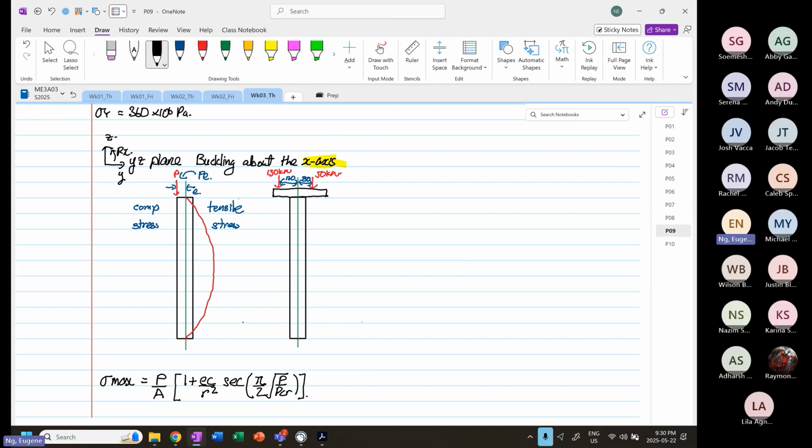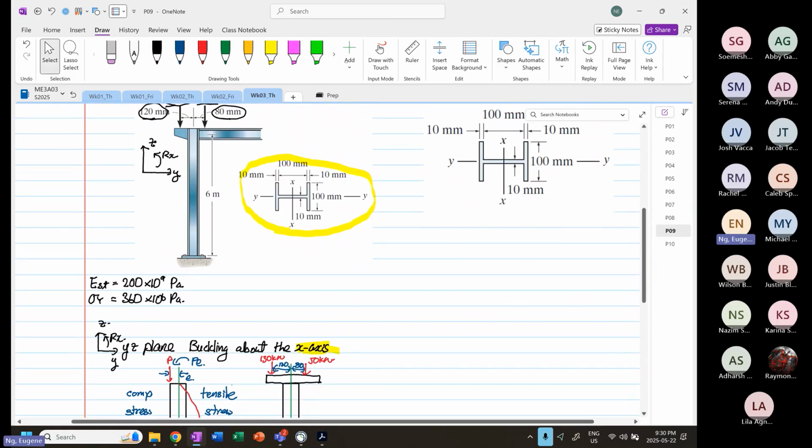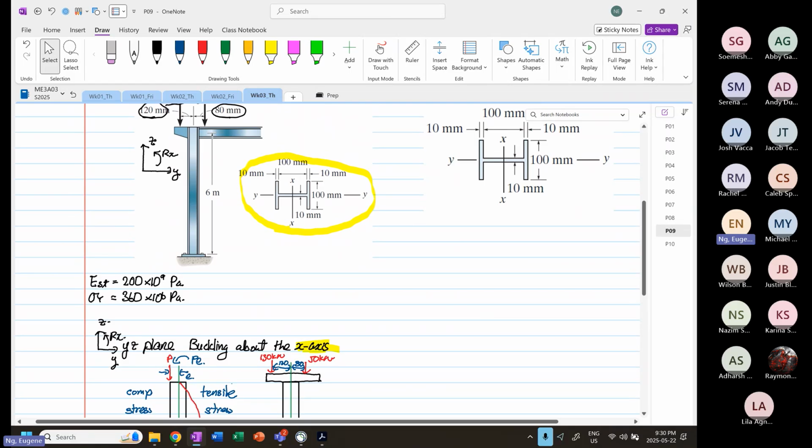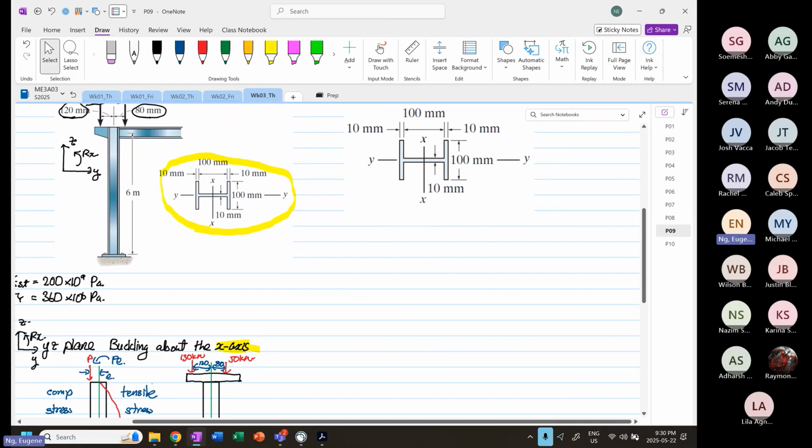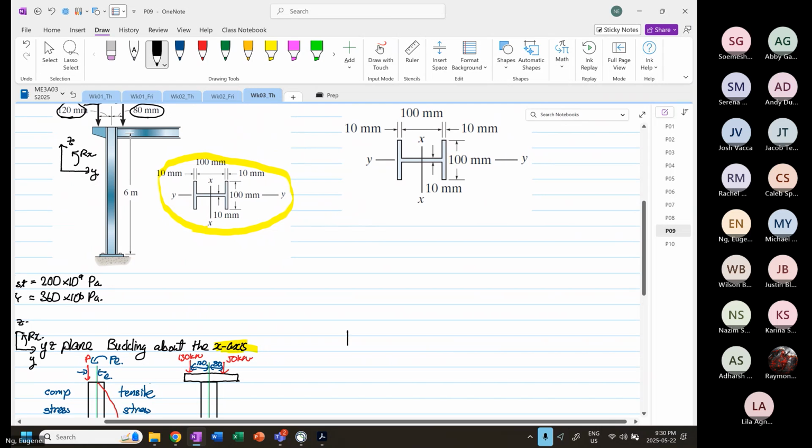Now, then we look at the different plane now. Okay, so now we are going to look at the XZ plane. And this is rotation about Y. Okay, so we are going to look at the XZ plane.